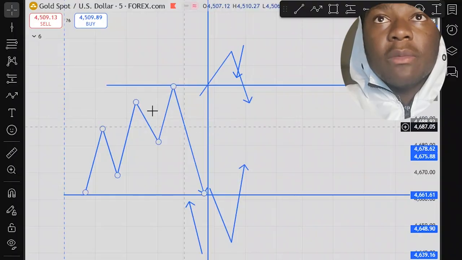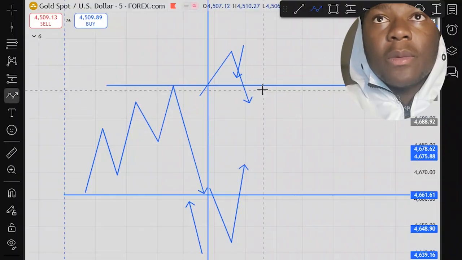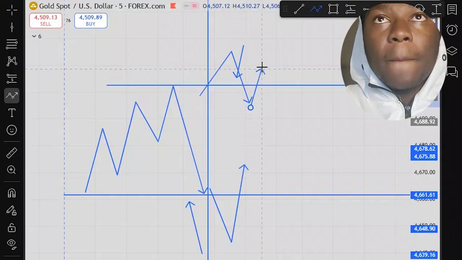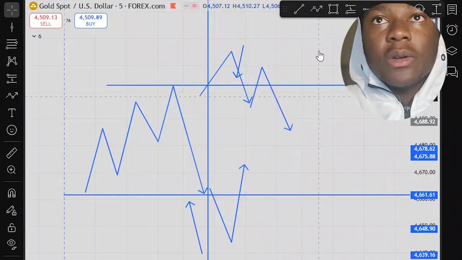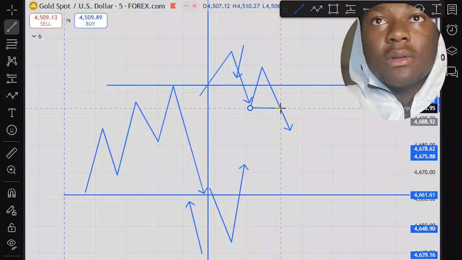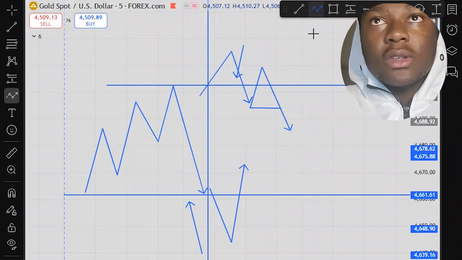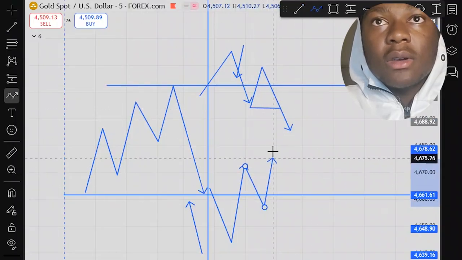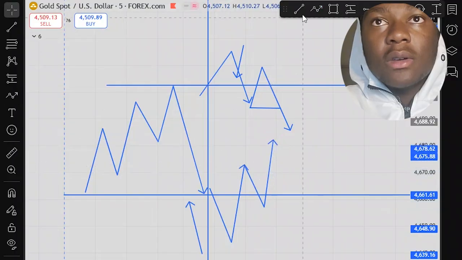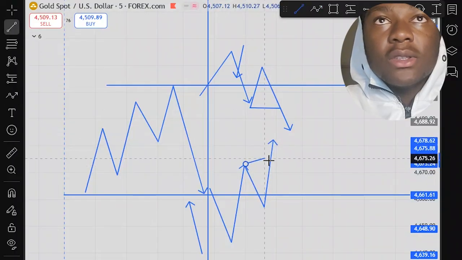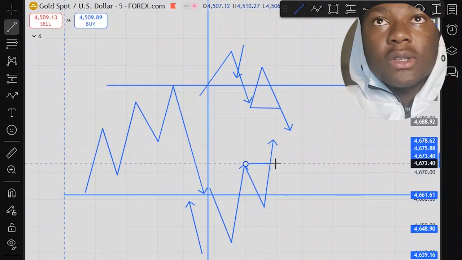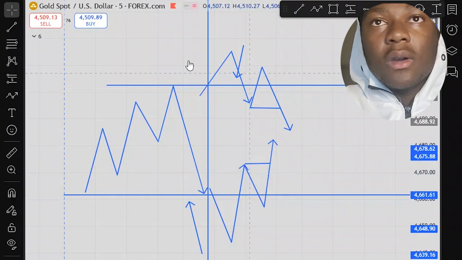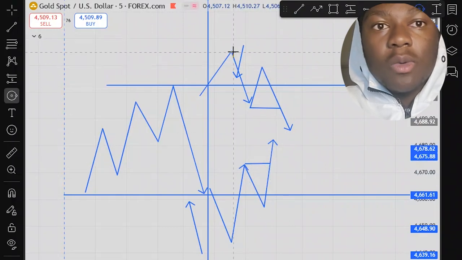So considering it came down like that, wanted to go up and come back, break of structure, basically. When we take out the highs, we're looking for sells. When we take out the lows, we're looking for buys.